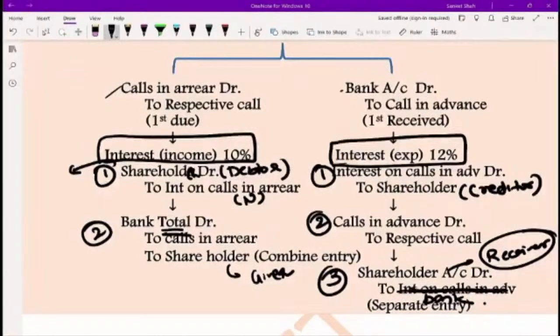Shareholder is a debtor, to interest is income, and then we will collect the amount. So bank account debit, shareholder becomes giver, and to call scenarios. Call scenarios is the unpaid amount of face value, and shareholder is showing the interest amount, and bank is the total amount, interest plus paid up value.